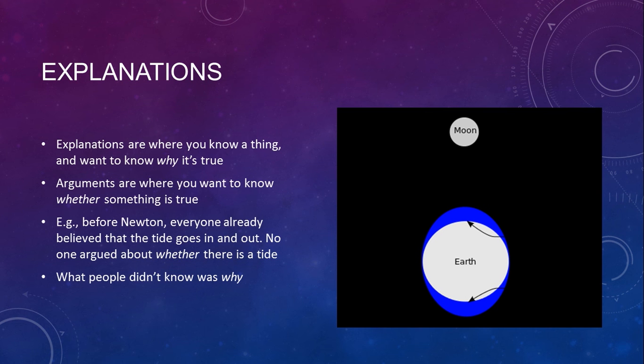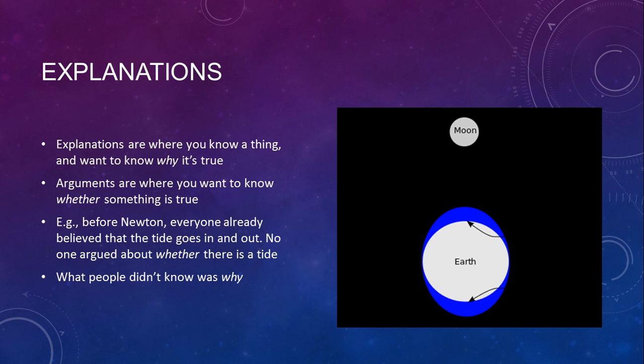Now you can contrast that with an argument where the conclusion is something that is not necessarily well known, right? So before you receive the argument, you might not believe the conclusion at all. And you usually have to pick out something that you can agree on to justify the belief that the conclusion is true.